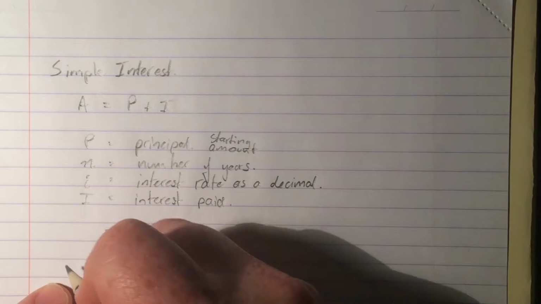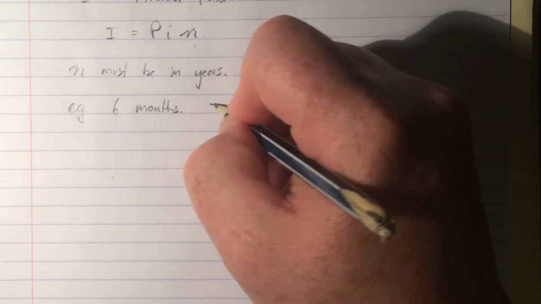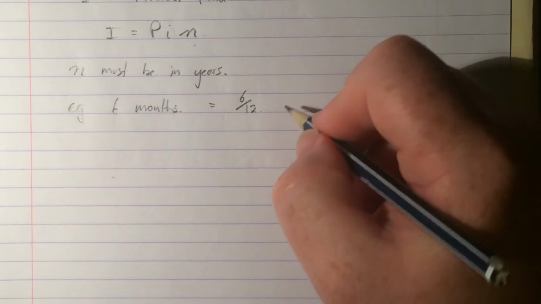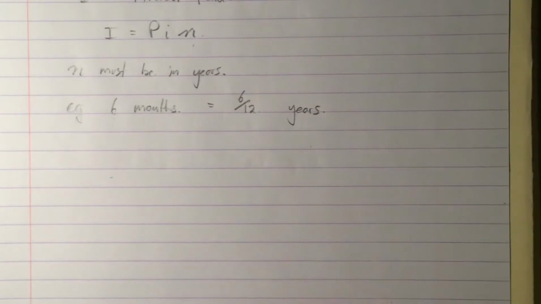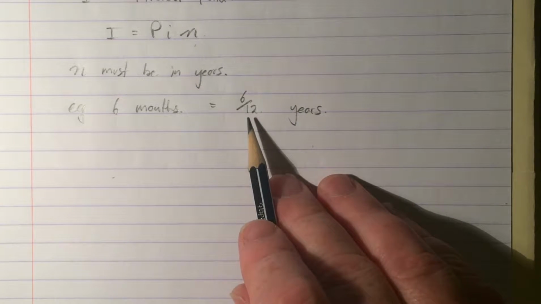For example, if we've got 6 months, then to write 6 months in years, we would say that that's 6 over 12 years. Of course, 6 over 12, the fraction, can be simplified to a half.